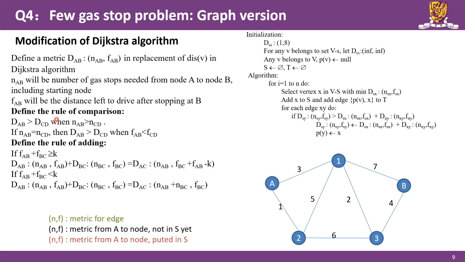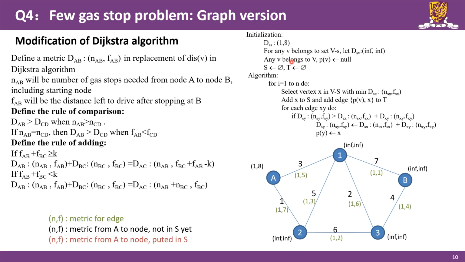So how this works is we define a new metric in replacement of distance V, where we regard the number of gas stops as a crucial part. And here's the overall algorithm. We first initialize the distance at the source as a tuple of 1 and 8.